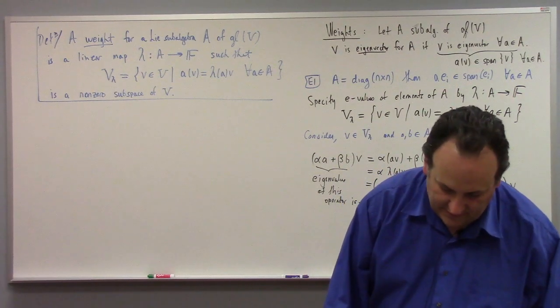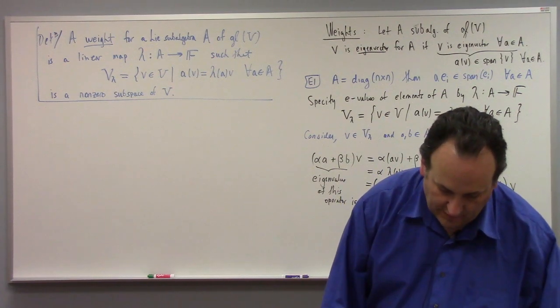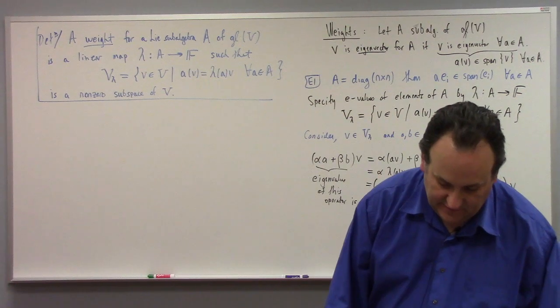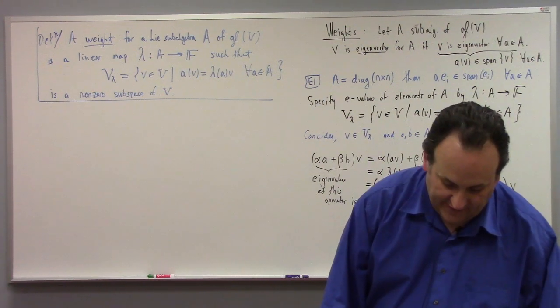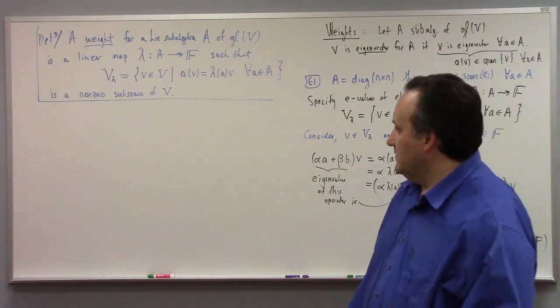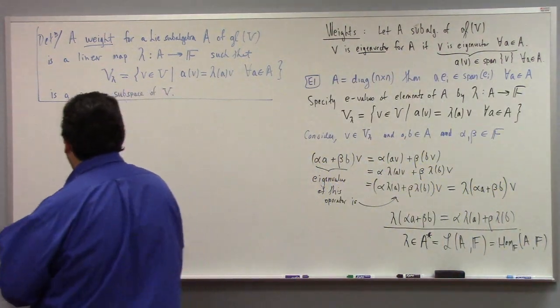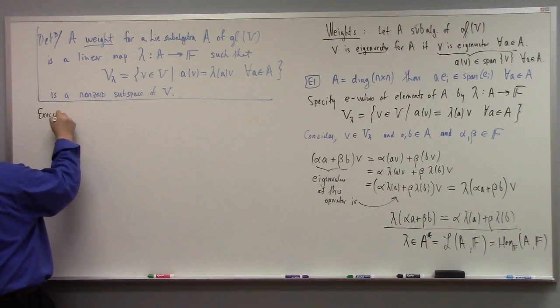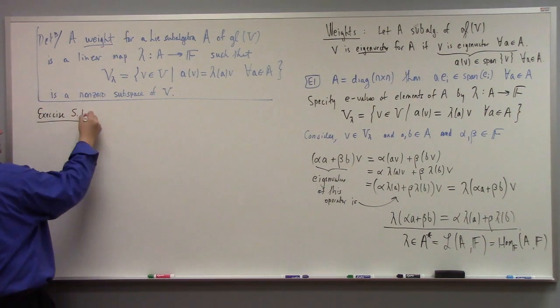But let's see here. So exercise 5.2, he's got the upper triangular matrices. He says show E1 is an eigenvector for A and find the corresponding weight and determine its weight space. I say we work exercise 5.1. What do you say? Exercise 5.1.